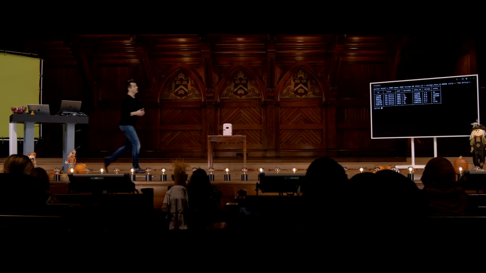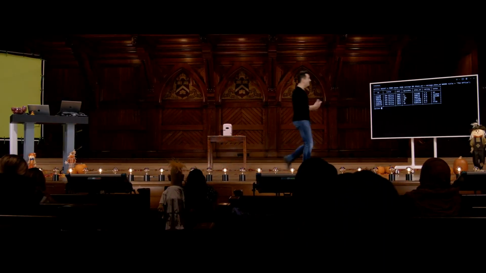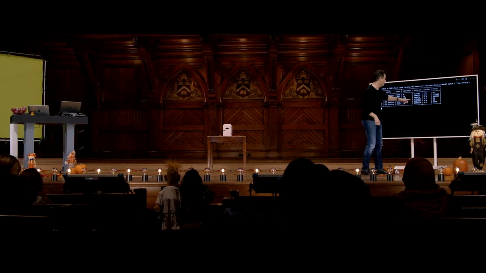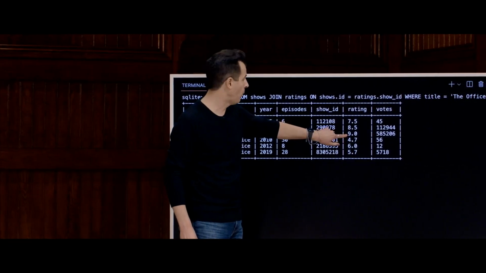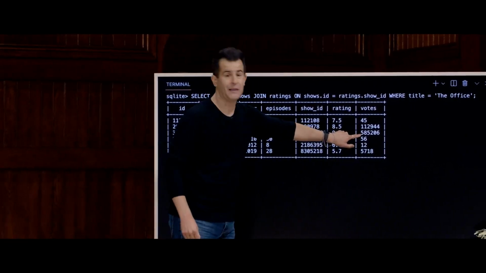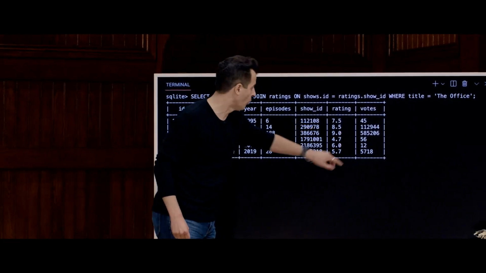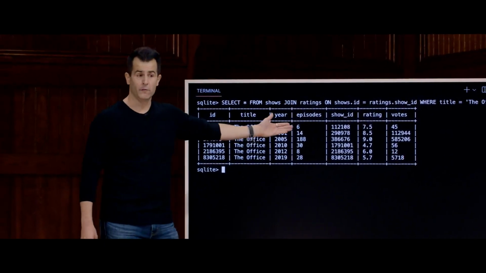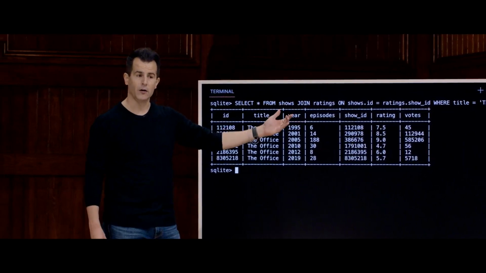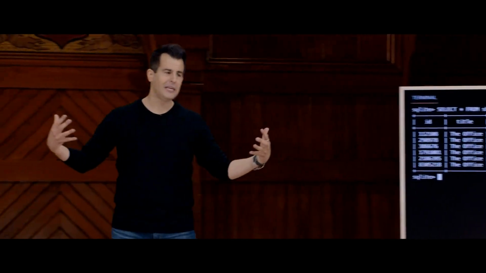And now you can see that among the various Offices, it looks like the one that most of us probably know and love is the highest rated also, with a 9.0, with like 585,000 people having cast votes for it, whereas these other shows seem to have been less popular, and perhaps that's why, indeed, you see fewer episodes for them as well. So even though we've put the data in multiple places, you can still reconstitute it by lining things up in this way and rejoining the tables.